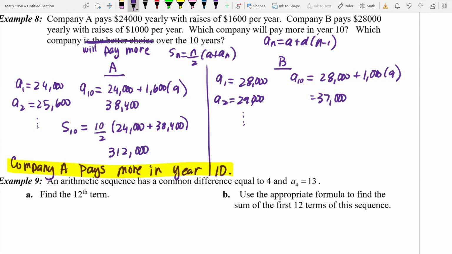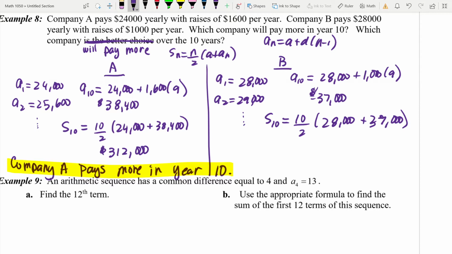$312,000. Okay? I know those aren't answers, but it still bugs me that we haven't put dollar signs, so I'm going to add that. Over on B, I'm going to go S sub 10 is N, which is 10, over 2. First year is 28,000 plus the last year, or the 10th year, is 37,000.